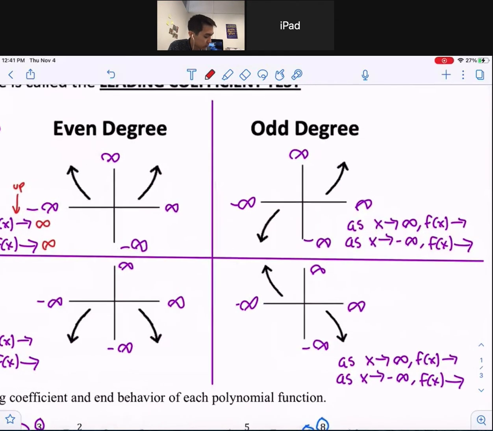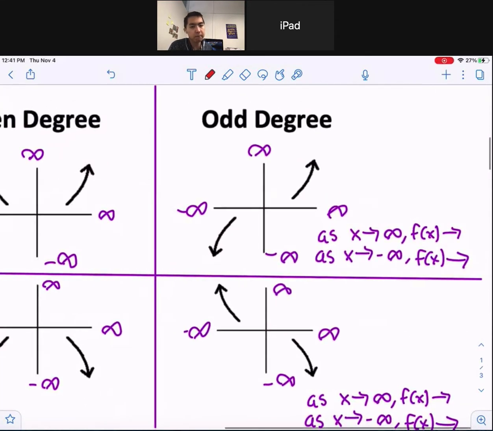So let's look at the next one. As x is approaching infinity, which means going to the right, look at this right arrow. As you're moving to the right, what is f of x doing? It's going up, which means it's approaching positive infinity. Now if x is approaching negative infinity, which means going to the left-hand side, the left arrow, what's your arrow doing?